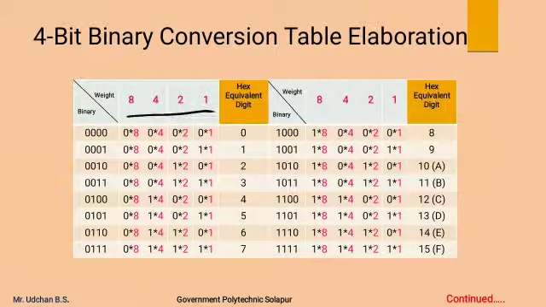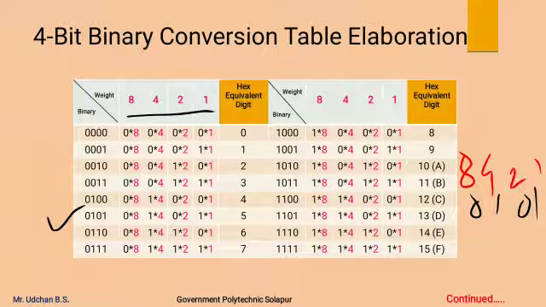For example, I will show you how a 4-bit binary number is converted into the equivalent hexadecimal digit. For that we will take one example, that is 0101. Write down the positional weights over there, that is 8 4 2 1.